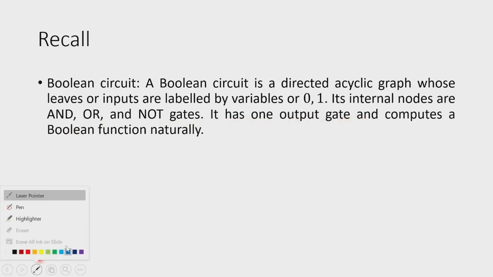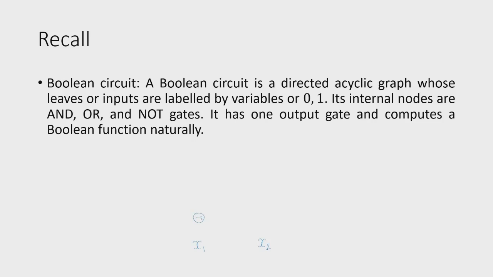So for example, here's one Boolean circuit. Let's say its inputs are x1 and x2. Then there is a NOT gate and an AND gate.